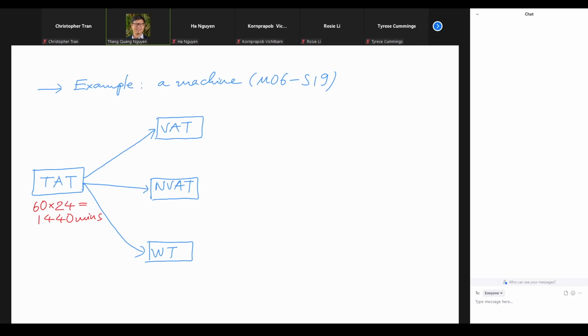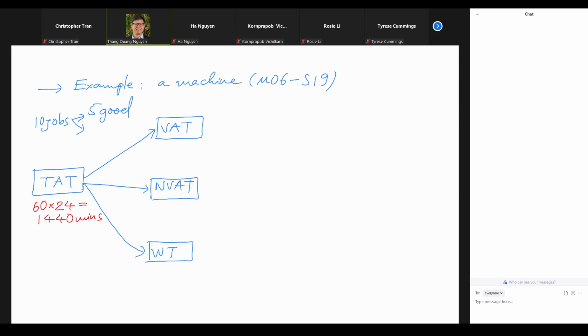Before we go further, let me go back to one piece of information that we have here. The machine will have to do 10 jobs a day, out of which 5 jobs are good, meaning that the machine does it right in the first attempt.